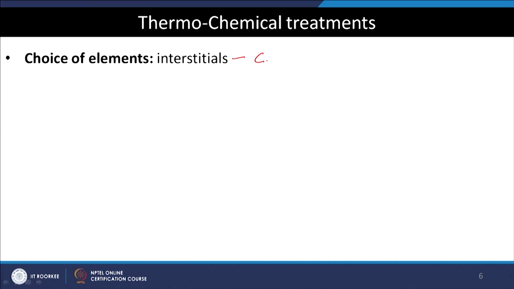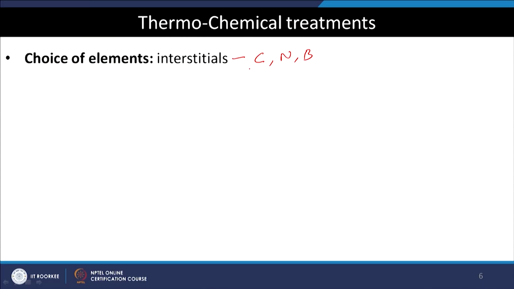That means, if you have pure iron for example, a BCC iron lattice, then you have voids created between these big iron atoms, called octahedral voids and tetrahedral voids, and those regions can be occupied by small elements such as interstitials like carbon, nitrogen, boron, okay. One can think of hydrogen too, but it is often known to create non-favorable properties. So, usually carbon, nitrogen and boron are used quite extensively as interstitial elements.